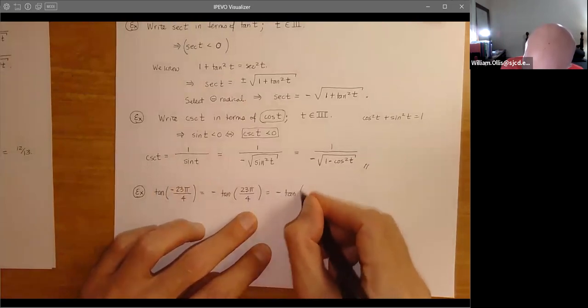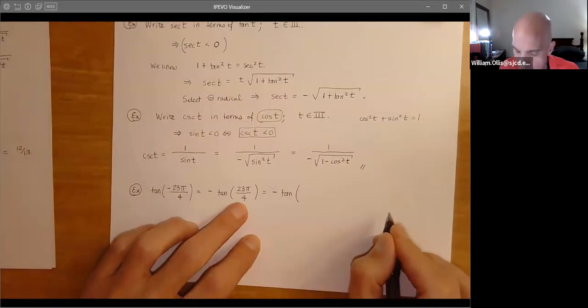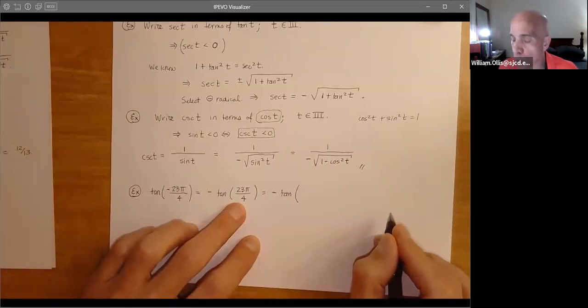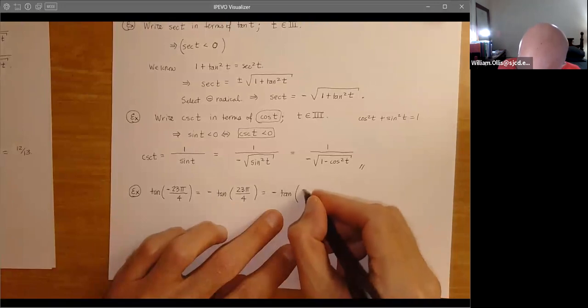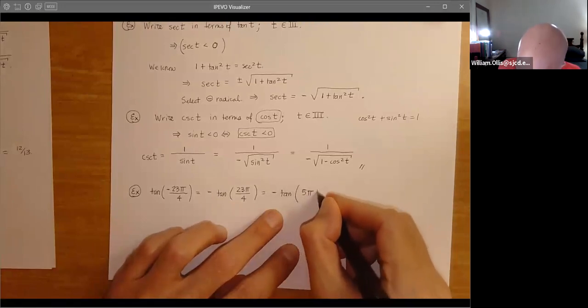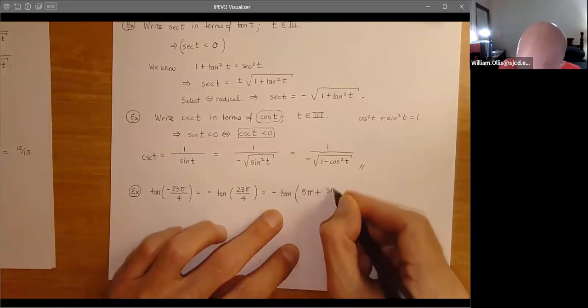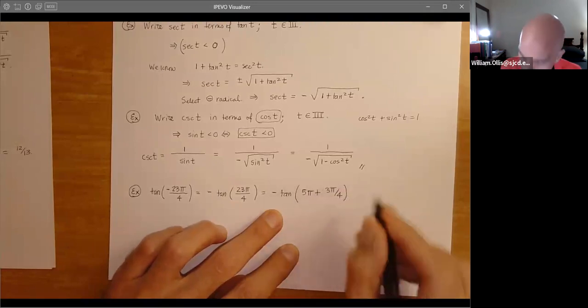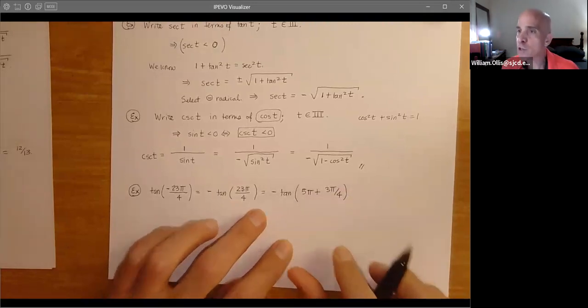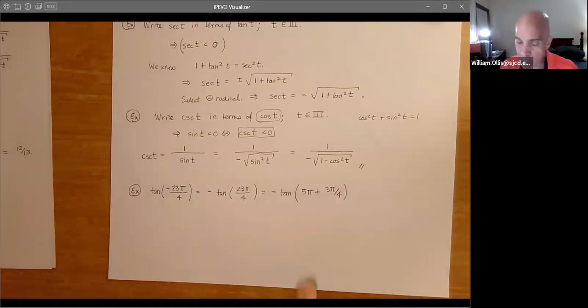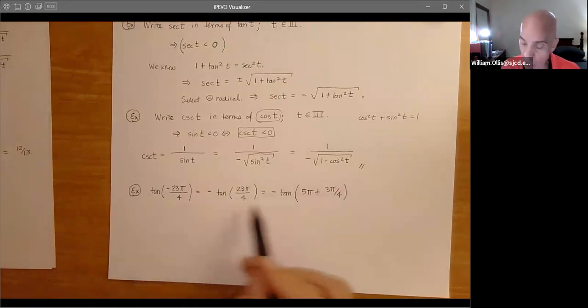Now we do the same song and dance. 23 divided by 4. Well, that will be what? That will be 5 with a remainder of 3. So this will be 5 pi plus 3 pi over 4. Okay? So the key here is now we don't have to work as hard, because we've developed some properties of these functions that make our life easier.